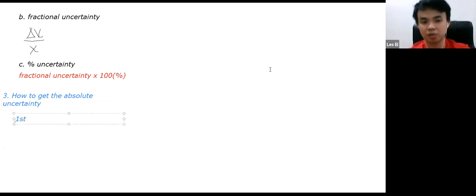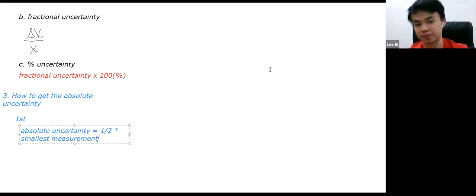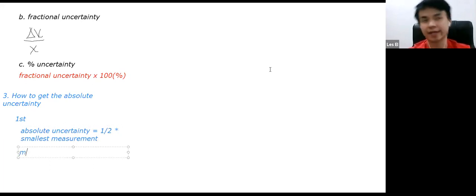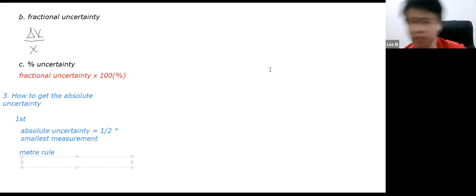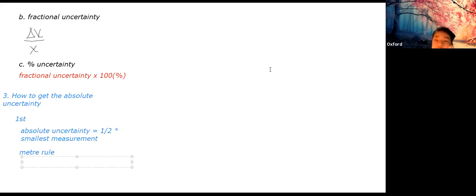The first one, the most basic one, is that the absolute uncertainty is usually half of the smallest measurement. For example, a meter rule. If you use your ruler, what is the smallest measurement that you can read on your ruler? Up to 0.1 centimeter.